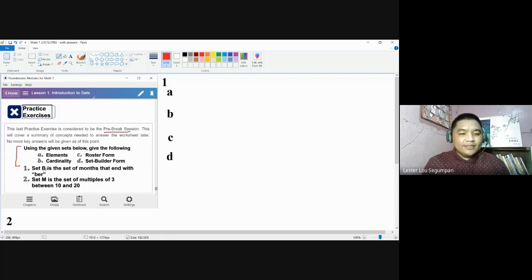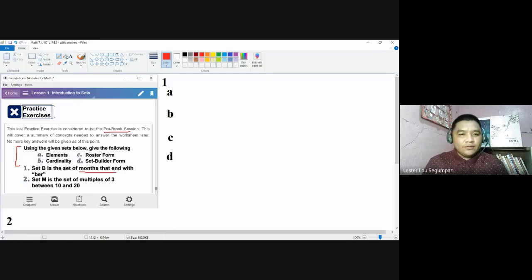Number 1, set B is considered to be the months that end with BER. Before we could draft the roster form and set builder form of this set, we need to consider first determining the elements of this set. When you talk about set of months, or specifically months that end with BER, we just need to determine what are those months that end with BER. And we do have 4.